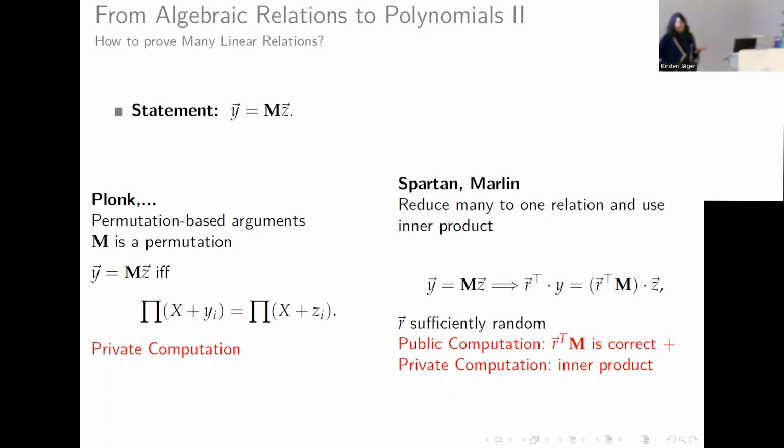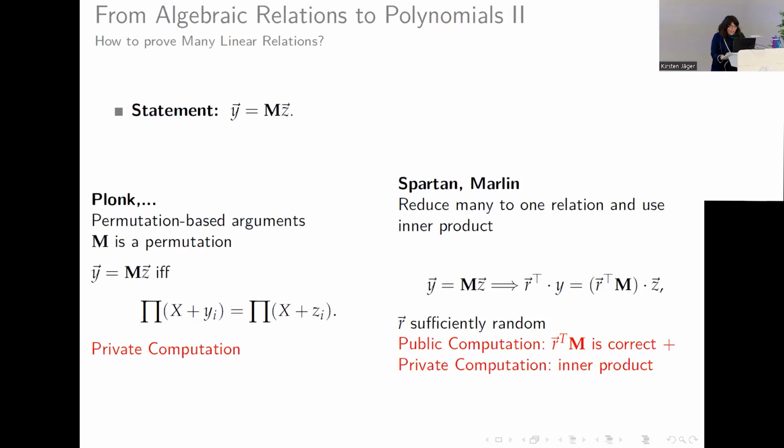Z is the witness of your computation. Whereas here, in this type of paper, Spartan and Marlin, this part of the computation is public. Like the prover does this, but it's not using any witness, okay? And then the other part is like this inner product with the witness, and this is private.